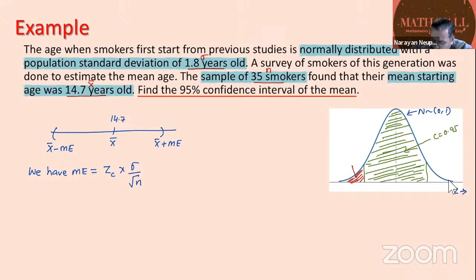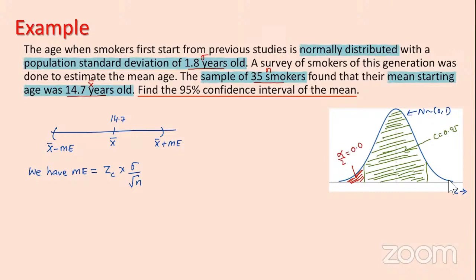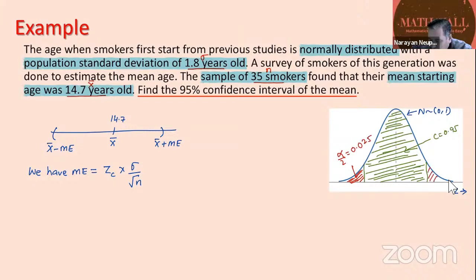So this is alpha over 2 equal to 0.025. Same thing here: this is also alpha over 2, which is equal to 0.025. Okay. And the value that goes here, that is the z critical. This is your z critical, and this is the negative of that. So we have everything set up.